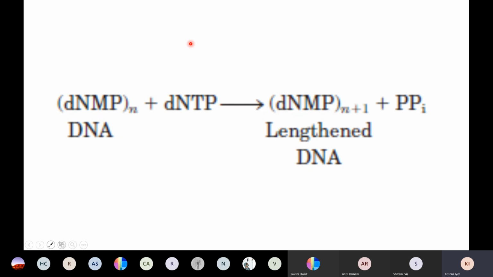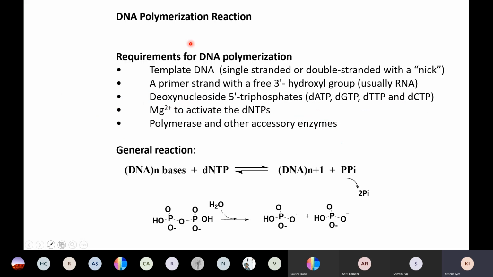Okay, and then if you remember, we already talked about this in the rDNA class. The polymerase itself has several requirements. It needs a template, it needs a primer, it requires all your deoxynucleotide triphosphates, it requires magnesium, and it also requires other accessory enzymes, which we'll look at a little later.